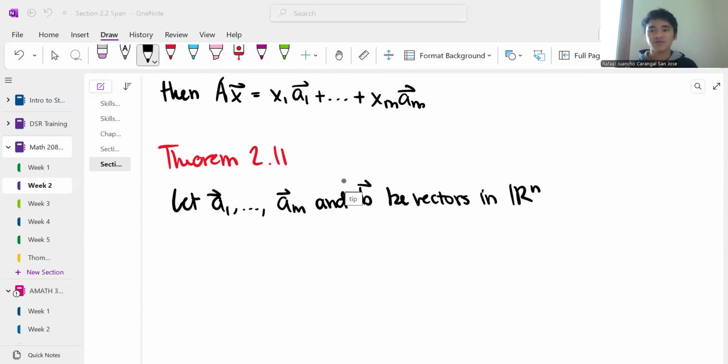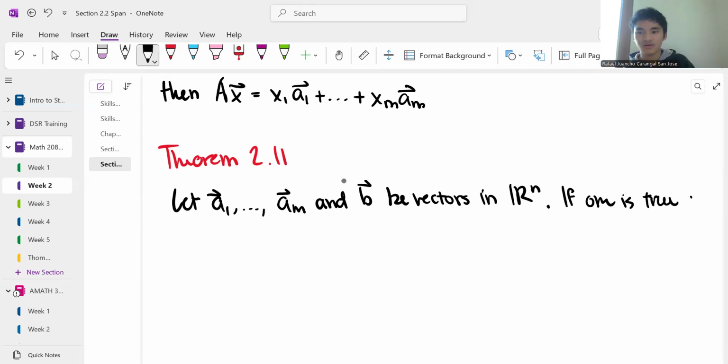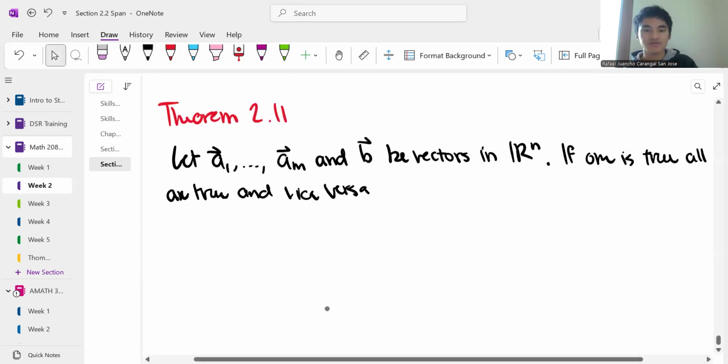Then the following statements are equivalent. That is, if one is true, so are the others. If one is false, then so are the others. If one is true, all are true, and vice versa. If one of them is not true, then all of them are not true.